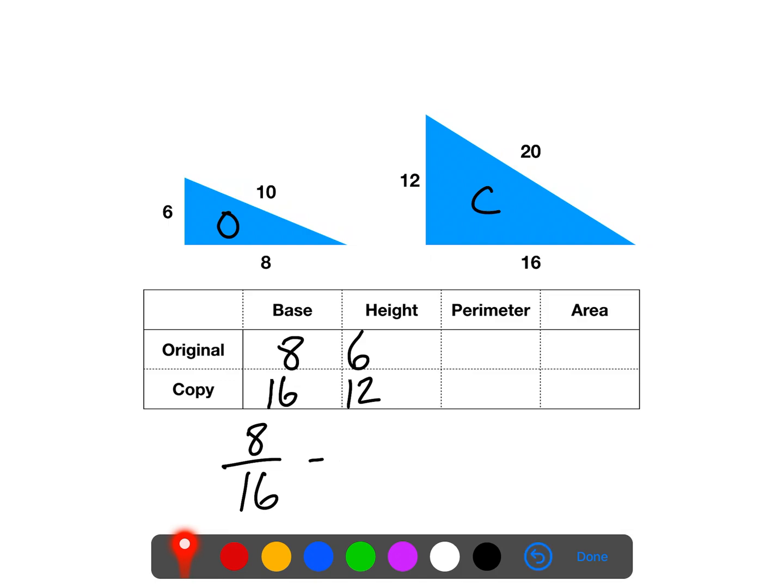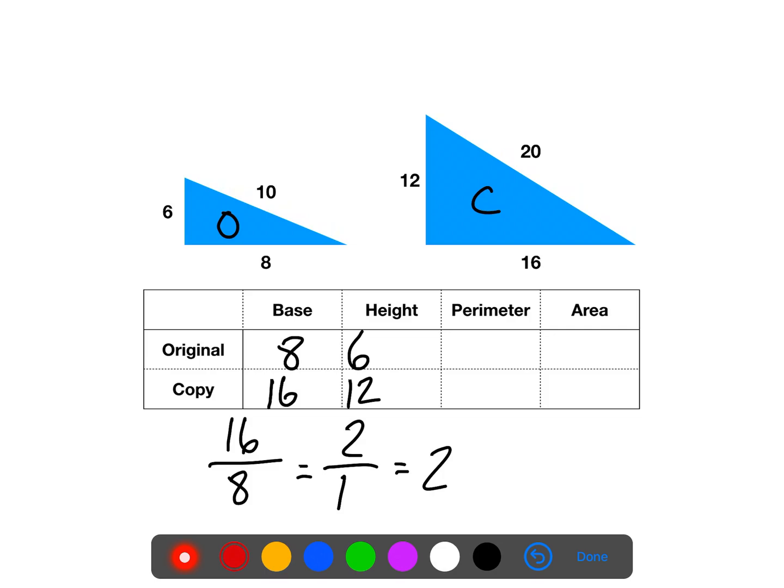So I'm going to back up here because I did something wrong, and I'm going to write it as the side of the copy, 16, over the base of the original, 8, which then simplifies down because I can divide both of these numbers by 8 to get this. That means my scale factor is 2.